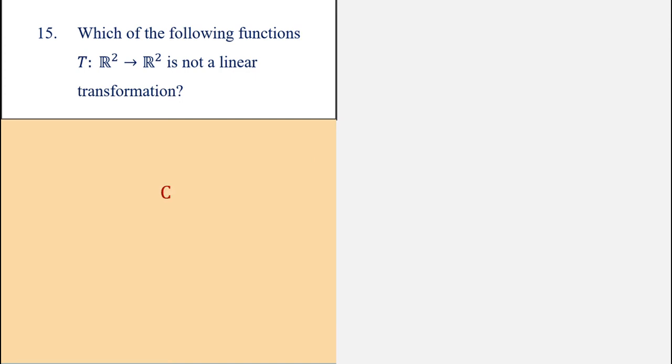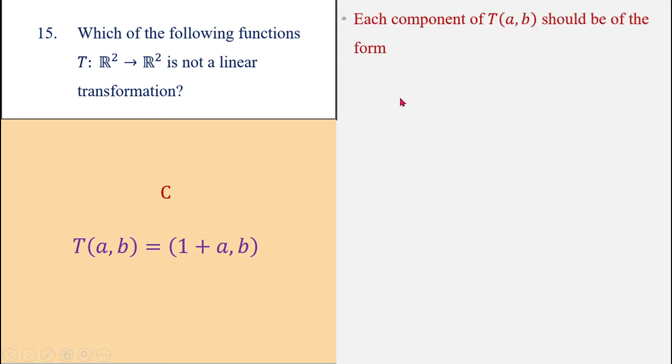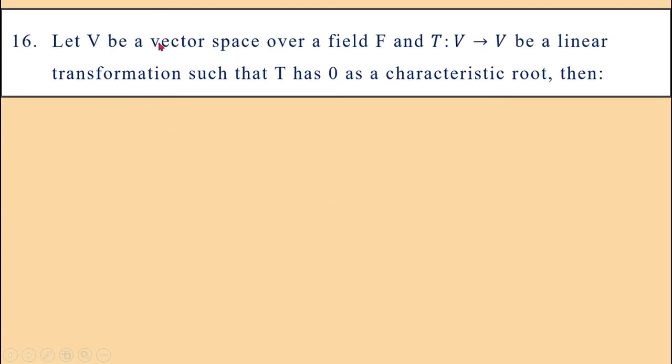That means the transformation which is not linear is T of (a, b) equal to (1 plus a, b), because 1 plus a is not a linear combination of a and b. The explanation is that each component of T(a, b) should be of the form xa plus yb, and then that will be a linear transformation, otherwise it cannot be a linear transformation. So the correct option is C, where obviously x and y are real numbers.